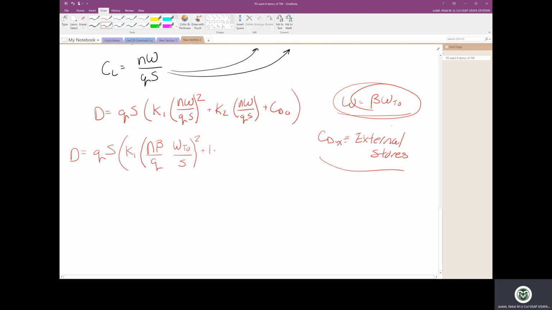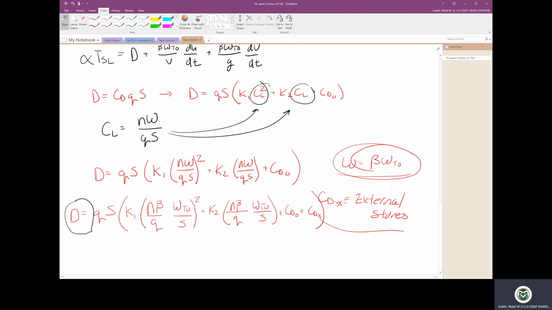Squared plus K2 n beta over q weight takeoff over S plus C_D0 plus C_DX. Okay, now that I have this relationship for drag, I'm going to substitute that back into there.